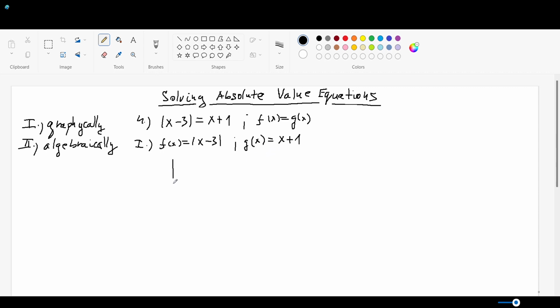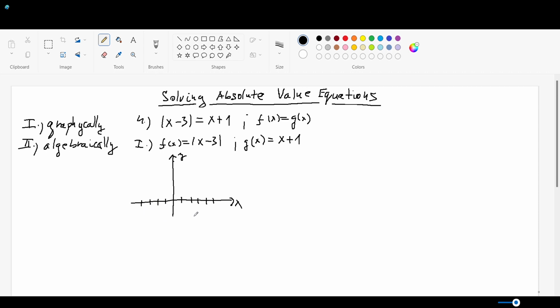As we already know, we are able to sketch the graphs of both functions by using translation or transformation. This means that our parent function is shifted 3 units to the right. So this is our y and x axis. Here is 1, 2, 3, 4, 5, negative 1, negative 2, negative 3, negative 4.